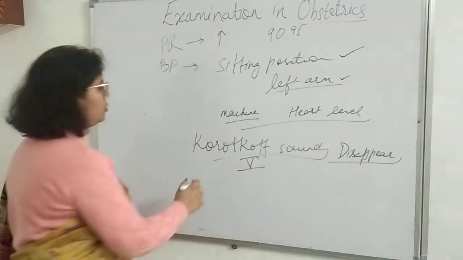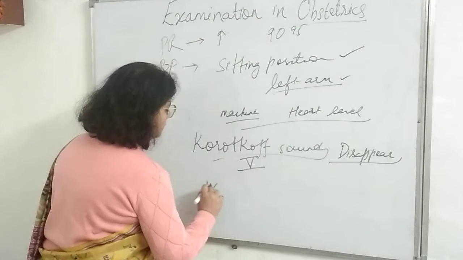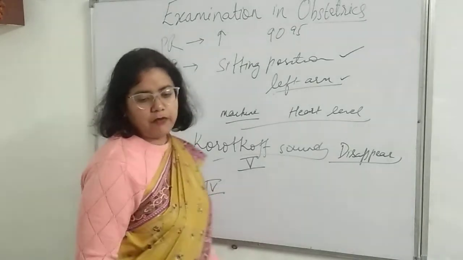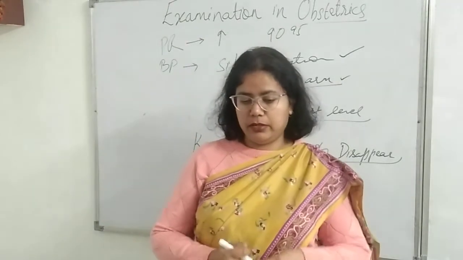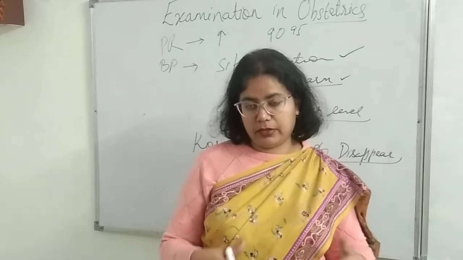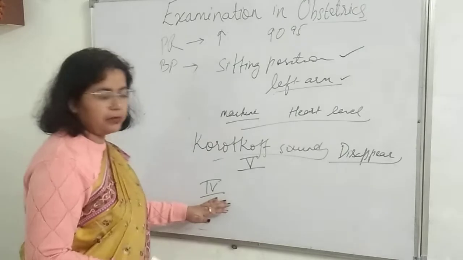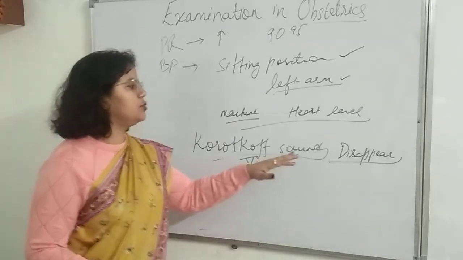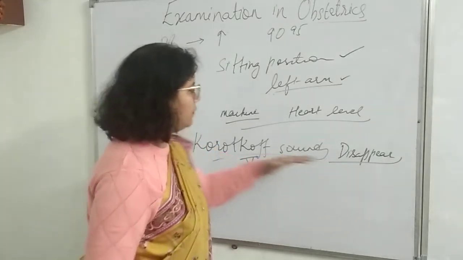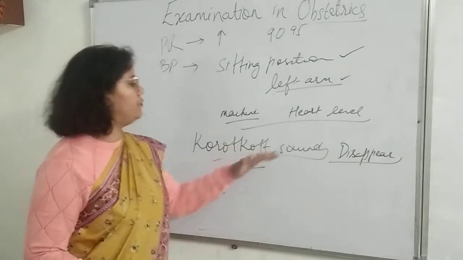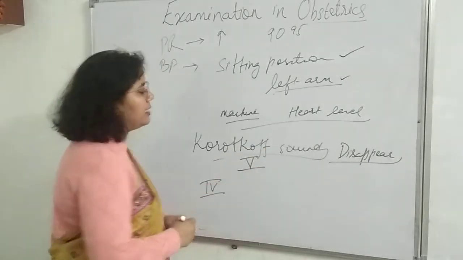Earlier it was Korotkov phase 4, when there used to be muffling of sounds. But now it is recommended that you take the disappearance of the Korotkov sound, that is Korotkov phase 5, as diastolic blood pressure.